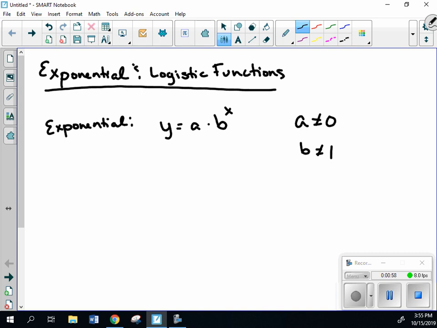The a value is our initial value, and the initial value is basically where you are starting. The b value is our base. This is sometimes called the decay or growth factor.